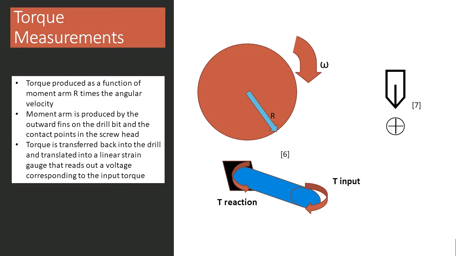Because there's only one input torque, the reaction, which is being translated into the strain gauge, is going to be equal and opposite of what the input torque coming from the drill bit is.